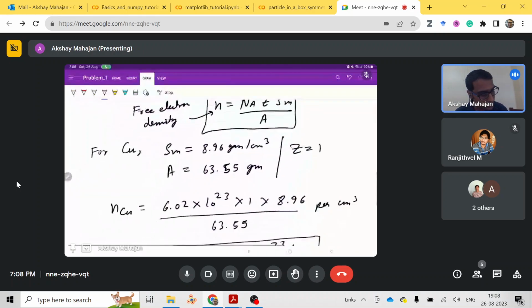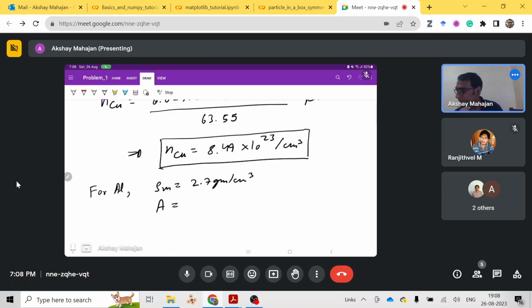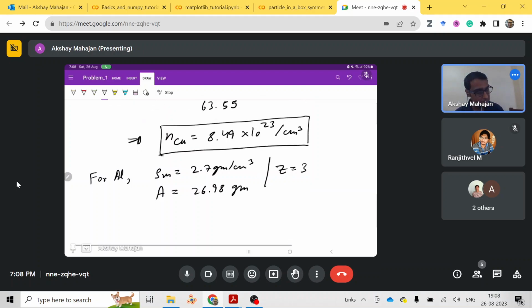Then we will go for aluminium. For aluminium, we have rho m equal to 2.7 gram per centimeter cube, and capital A equal to 26.98 grams. For aluminium, Z, the number of valence electrons, will be 3.